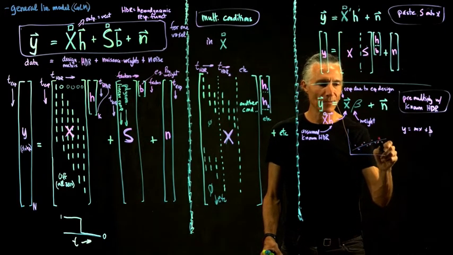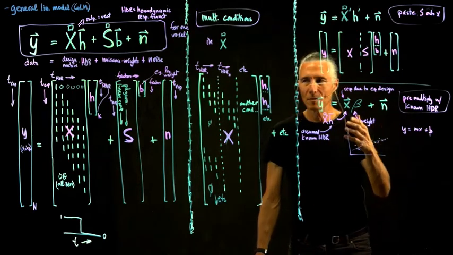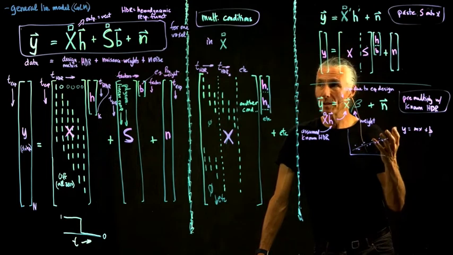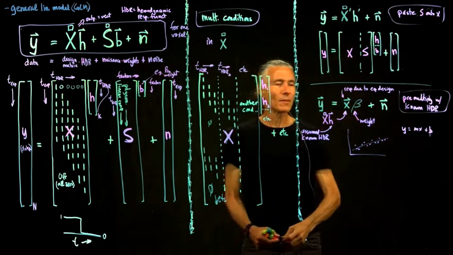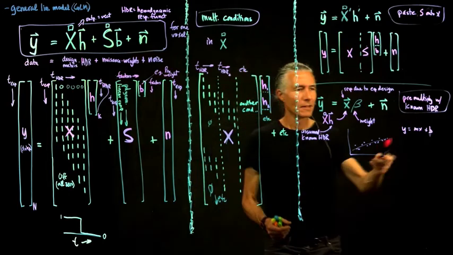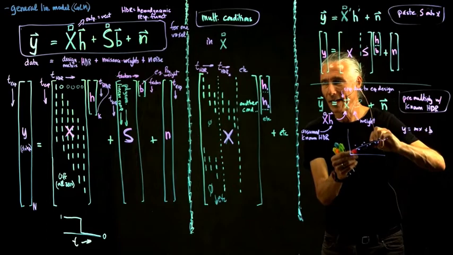You've just got a bunch of data samples, and you're basically just solving for the slope effectively, and then b, which is where it intercepts the y-axis.